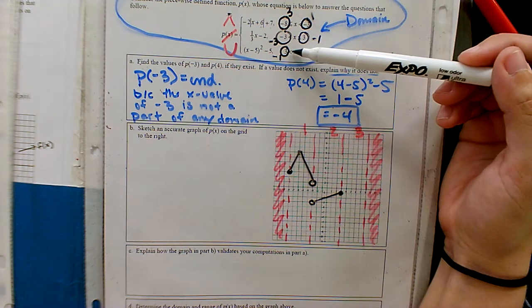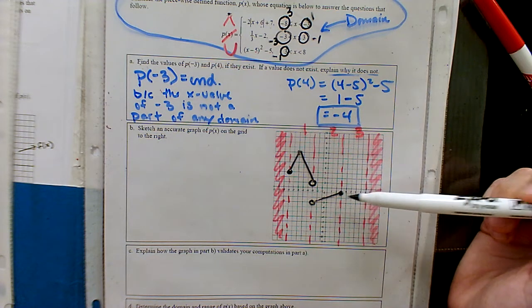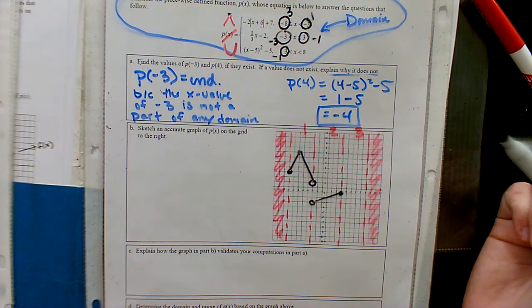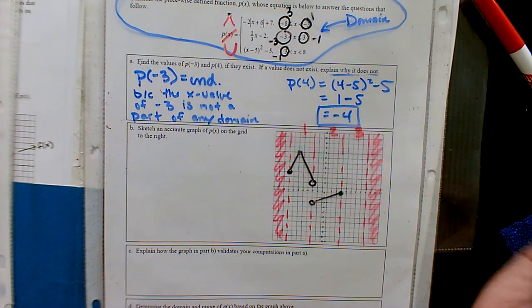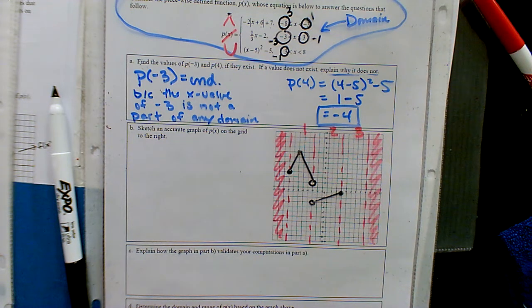But notice how according to this, we needed an open circle, but there's already a closed circle there. So what do you think we got to do? Or what do you think that means? What would it look like if you start with a closed circle and then you put an open one on top of it, what does it look like?